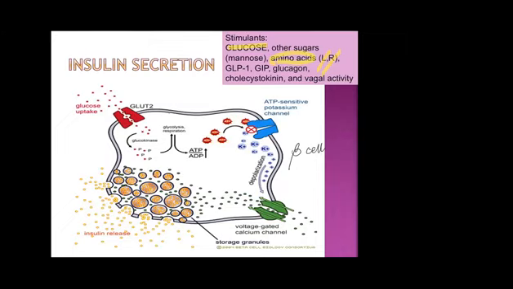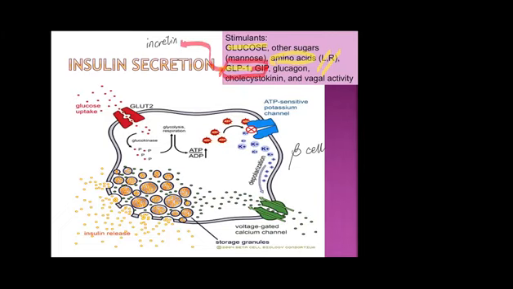Also, we have glucagon-like peptide, or GLP-1, an example of an incretin, together with GIP, or glucose insulinotropic peptide. Both are incretins. Later, we will discuss the effects of incretins.